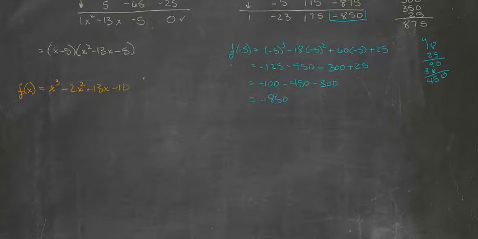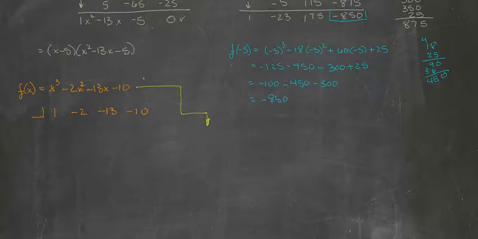So we want to factor this. First, we want to use synthetic division, so I can set it up as 1, negative 2, negative 13, negative 10. But now I want to come up with some good choices to divide by. And remember when we did this in Algebra 2, we had a way to determine good guesses.